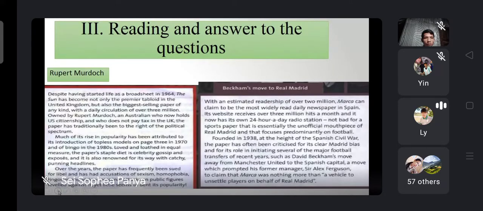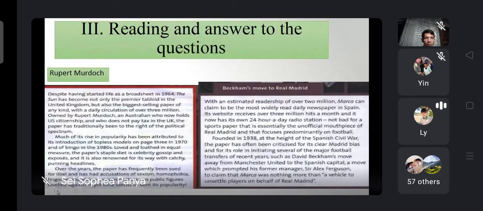So the first is a passage from Mr. Roper model. So the speak having started live as the project in 1964. The sun has become not only the primary problem in the United Kingdom, but also the biggest selling apples of any kit with a ceiling.